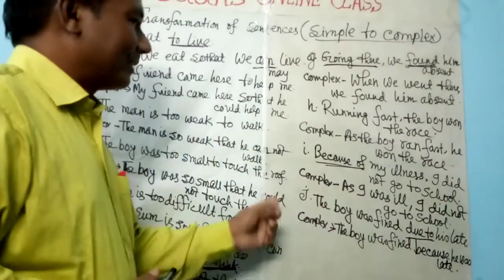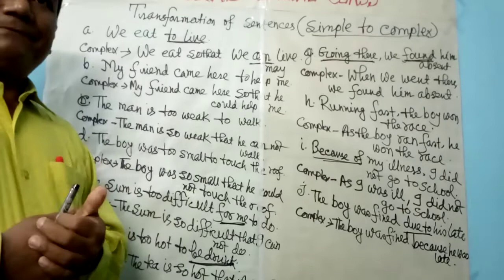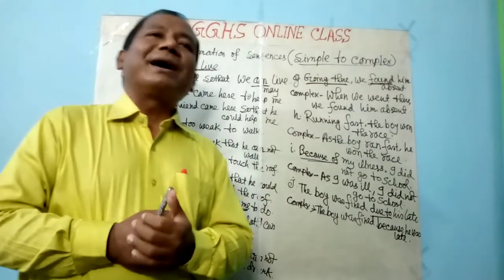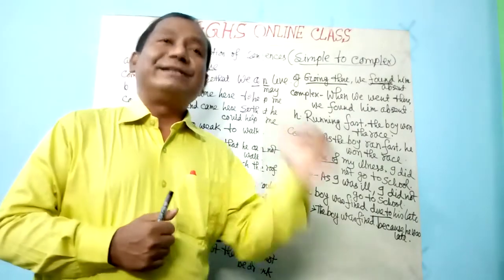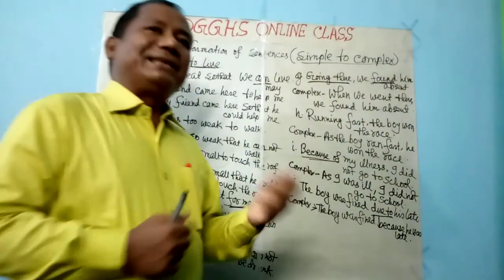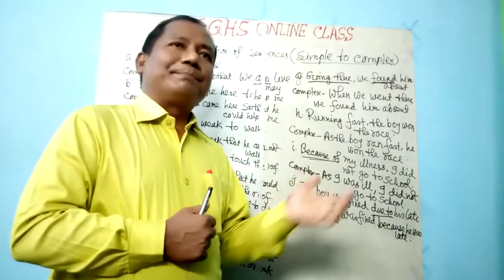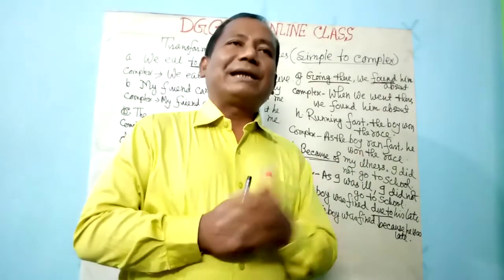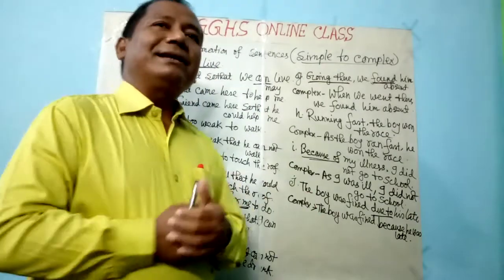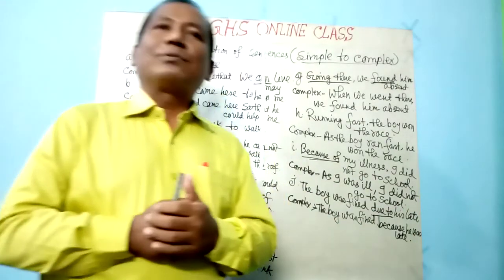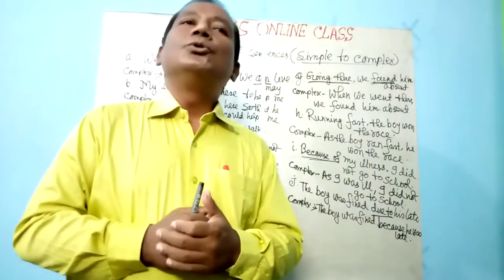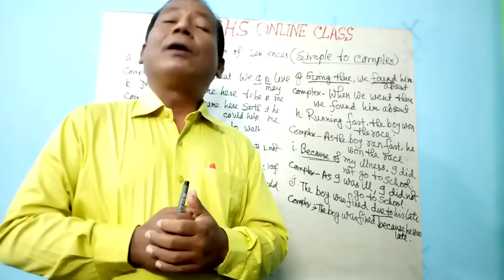Then another phrases, that means in spite of or despite. If they are used in a simple sentence, then what can we use here? In order to make them complex, we'll use here though or although.